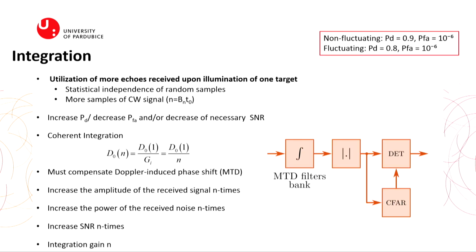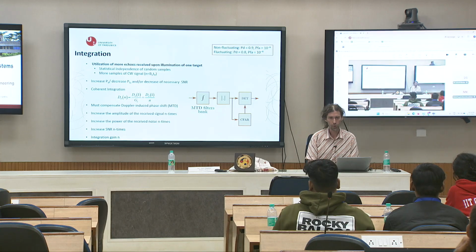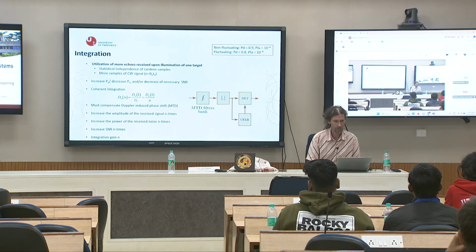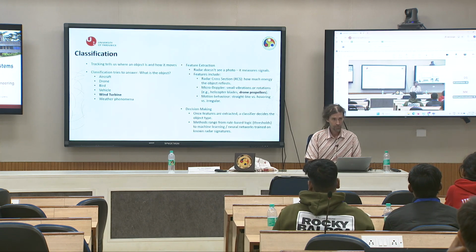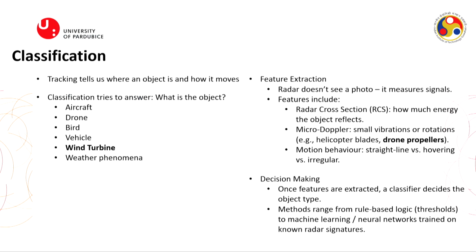There you have approximate values that are used for non-fluctuating and fluctuating targets. So detection probability is 0.9, false alarm rate is 10⁻⁶, for fluctuating targets the detection probability is usually lower, and again 10⁻⁶, so these are just typical values. Okay, and I talked about classification.